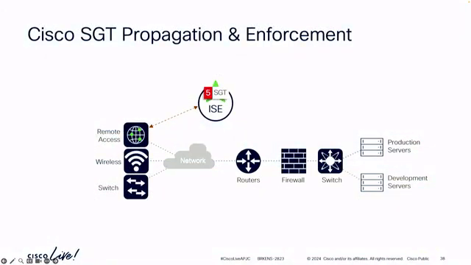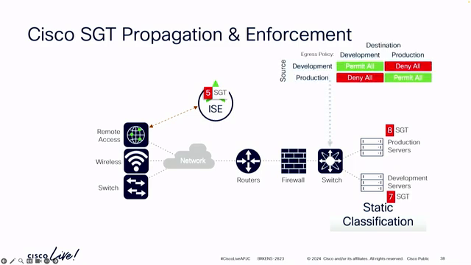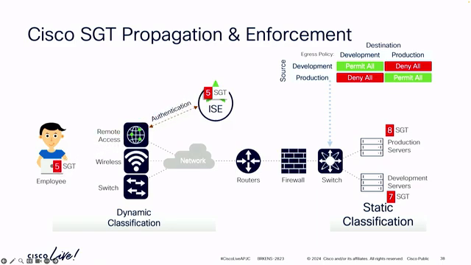Finally, now we know classification, propagation, and enforcement. Let's see how it is happening. On the right side, my development server and production server come online, and we are doing static classification here. On the left side, my employee comes online and authenticates itself, which is dynamic classification. As a result, my production server and employee both have SGTs.